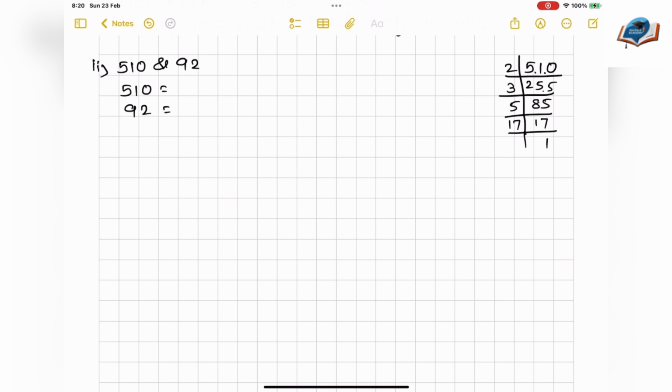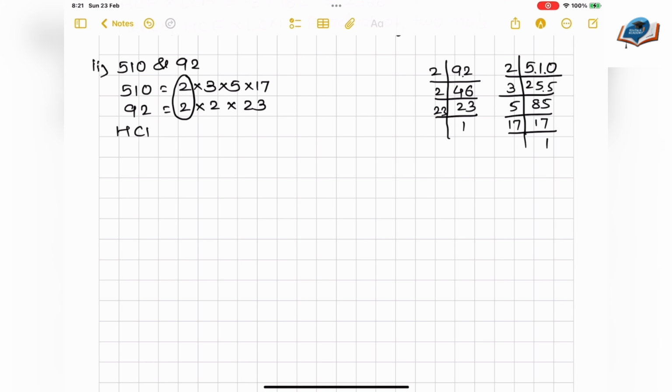So 510 comes as 2 into 3 into 5 into 17. And for 92: 2 twos are 4, 2 and 23, so 2 into 2 into 23. Now the common is 2, so HCF equals 2, and LCM equals 2 into 2 into 3 into 5 into 17 into 23.